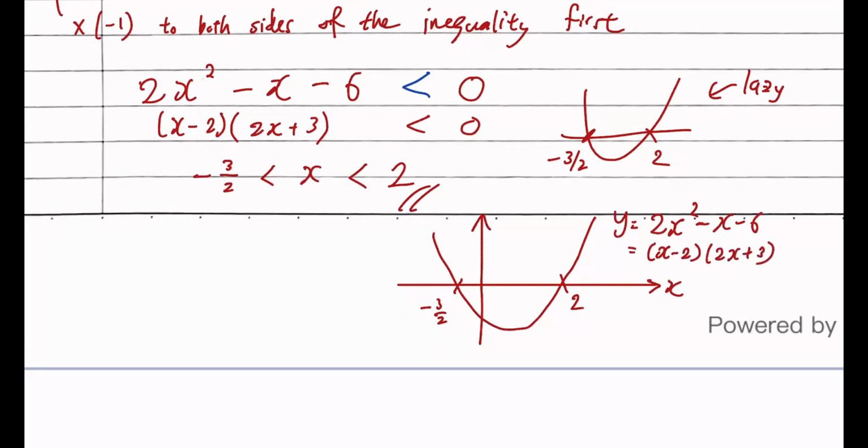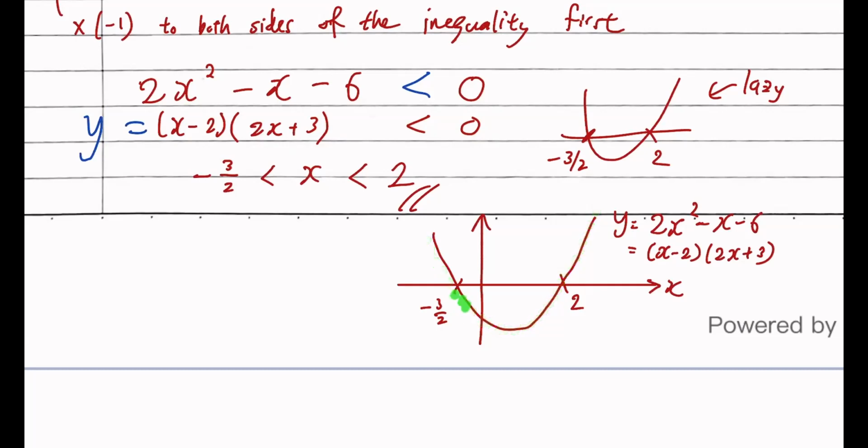Then when we tell you this one less than 0, what we are really asking you is, this is y. We want y less than 0. In other words, this graph is made up of all these tiny little points, right? They each have a x comma y, x comma y, x comma y. We're asking you which of these points have a y coordinate that is less than 0, negative y's.